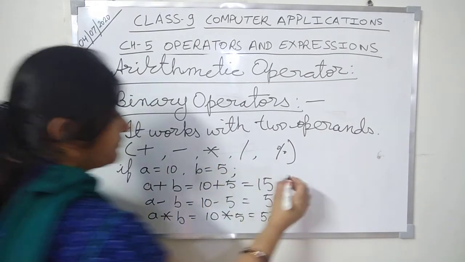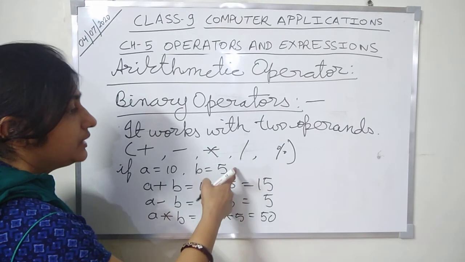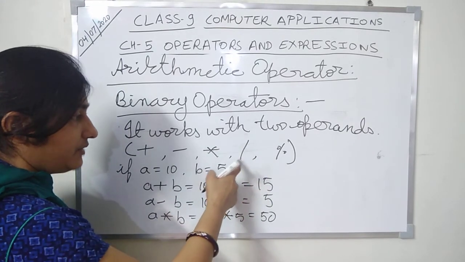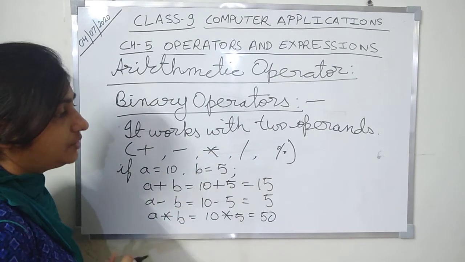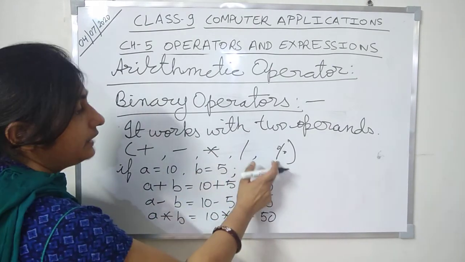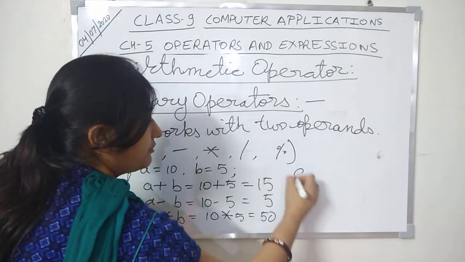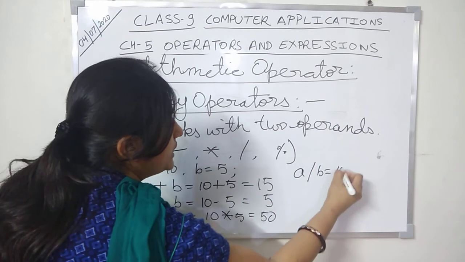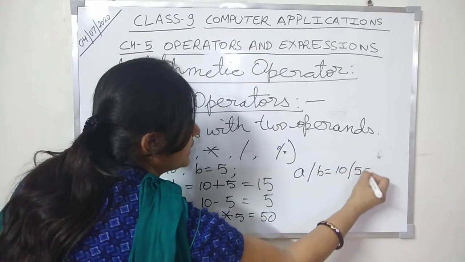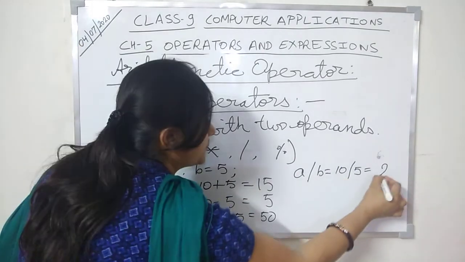Now, see these two arithmetic operators, and it is very important to find the difference between them. The slash sign, the division sign, will give you the value of the quotient, and this one will give you the value of the remainder. Like if we write A divided by B equals 10 divided by 5, the quotient in this case will be 2.